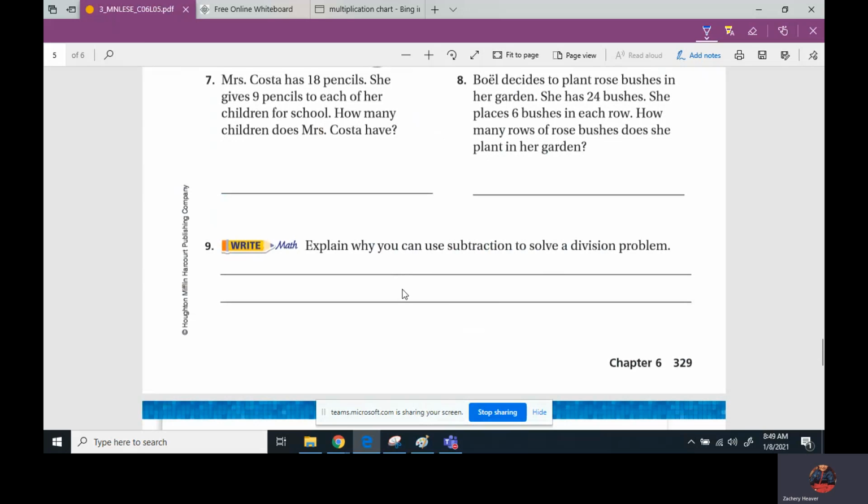Explain why you can use subtraction to solve division problems.